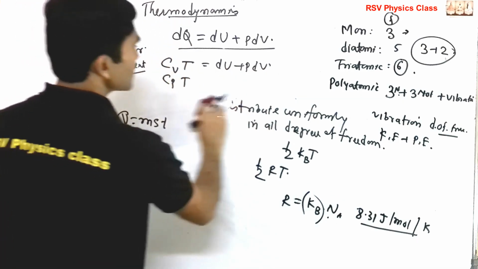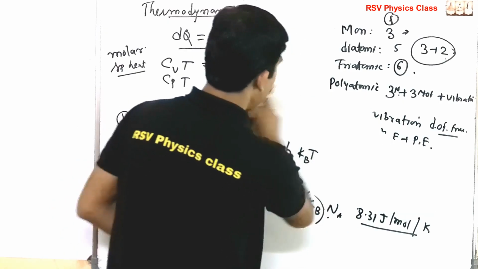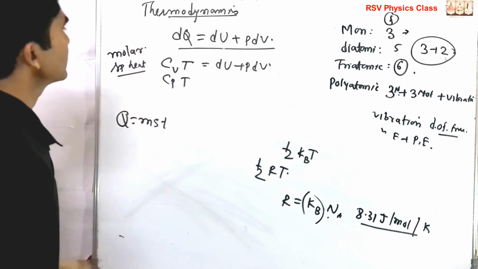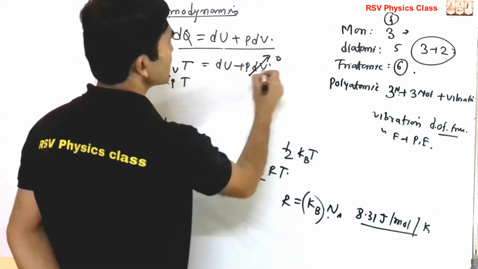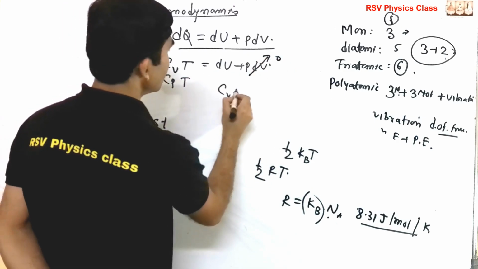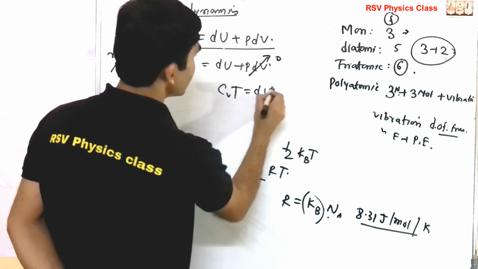Okay. So now, CV dT. For constant volume, dV is 0. So CV dT equals dU.